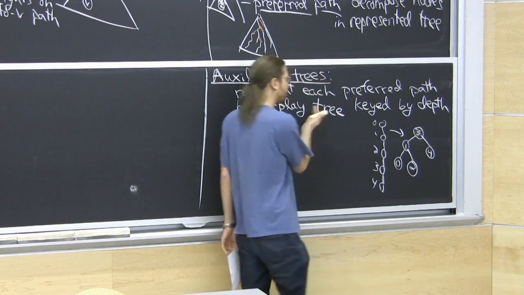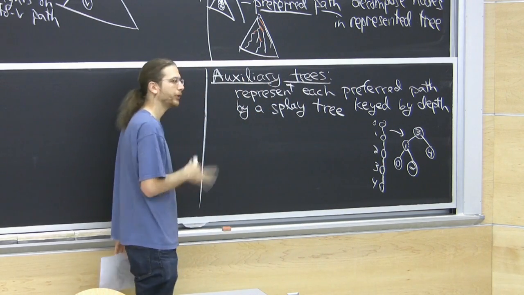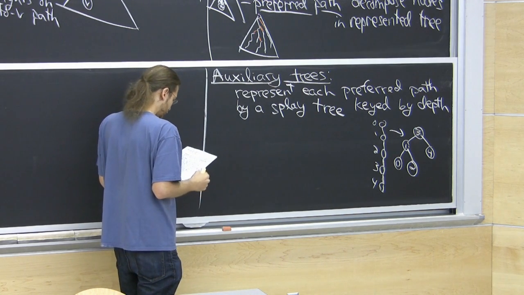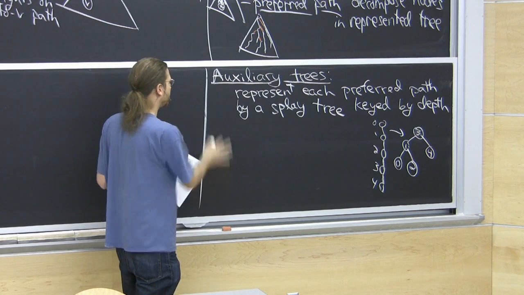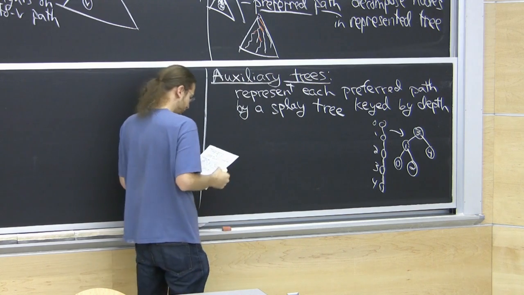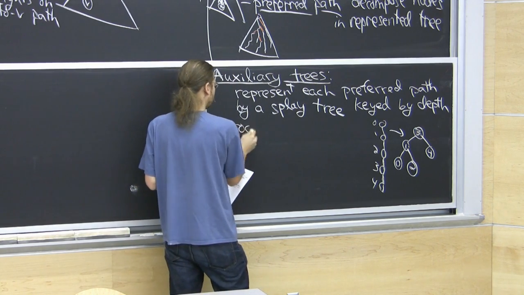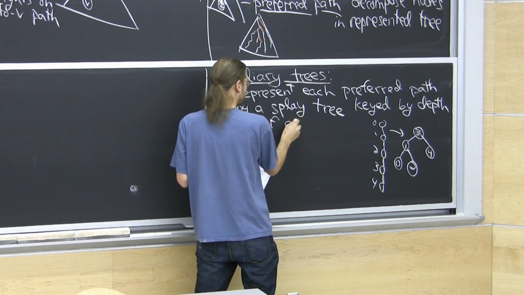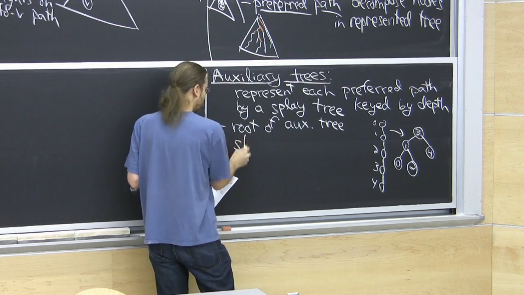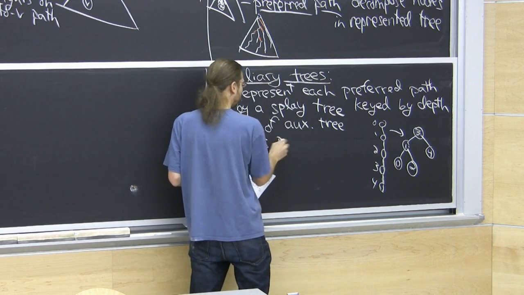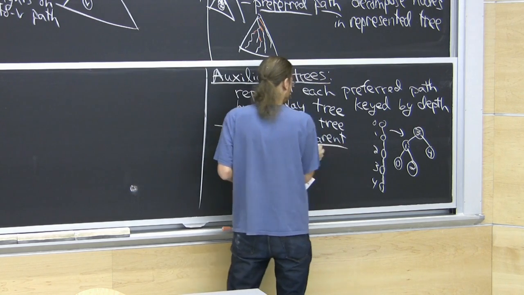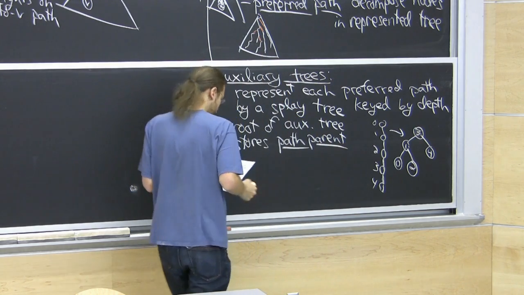Now it's a splay tree, so it's not guaranteed to be balanced at any moment, but amortized, it's going to have log-n performance per operation. Okay, and this is representing each of these white paths, but then we also need the red pointers. So what we're going to do is say the root of each auxiliary tree, I'll abbreviate aux tree, stores what I'll call the path parent, which are these red pointers.